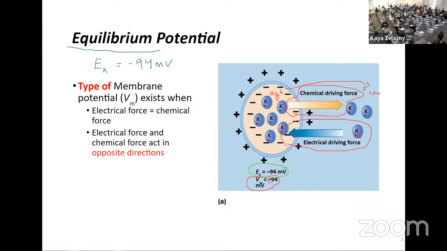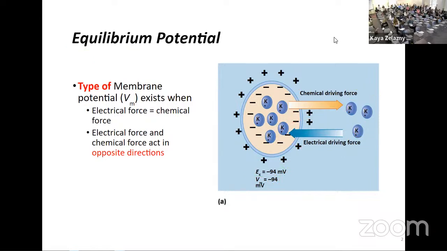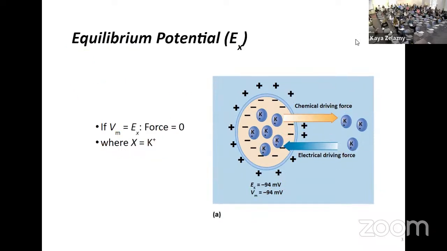So these arrows are drawn the same length, same size, because we are at the equilibrium potential. They're fighting each other perfectly so that we end up with zero movement, despite the fact that there is a chemical concentration gradient across this membrane. This electrical driving force is preventing potassium from moving along that gradient. That's the fundamental idea of our equilibrium potential.